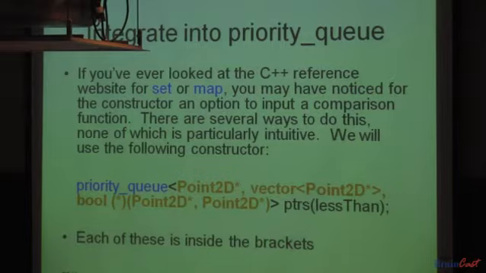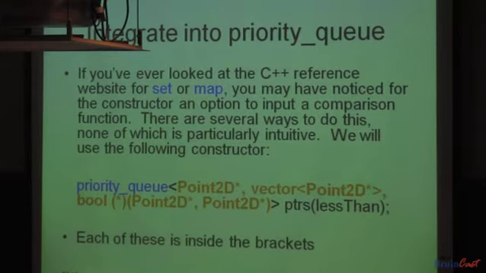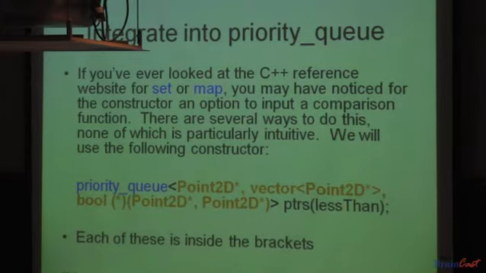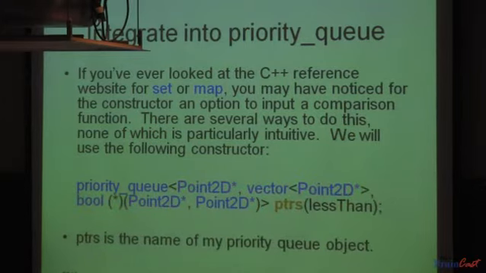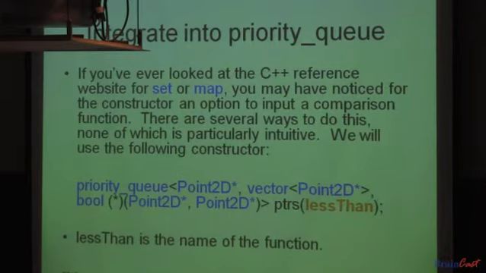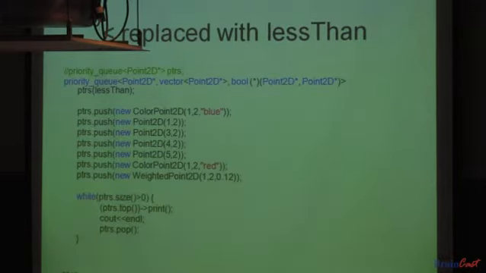Okay? So the key is that all of these are inside the angle brackets. That's what makes this really sort of ups it a notch. And then the name of the object, and then the name of the function. So this is what it kind of looks like.